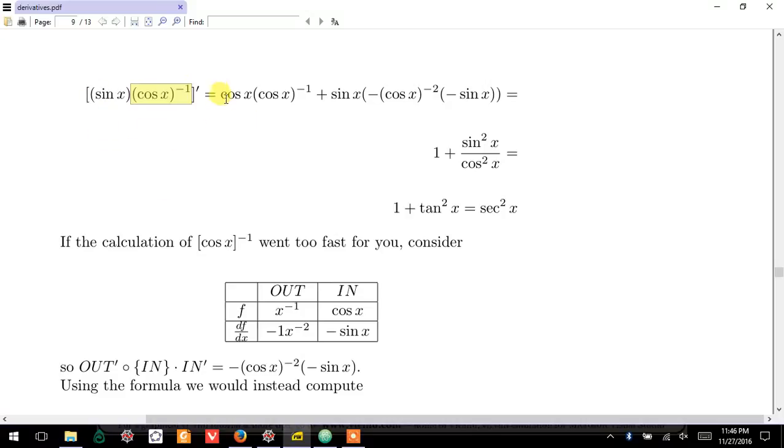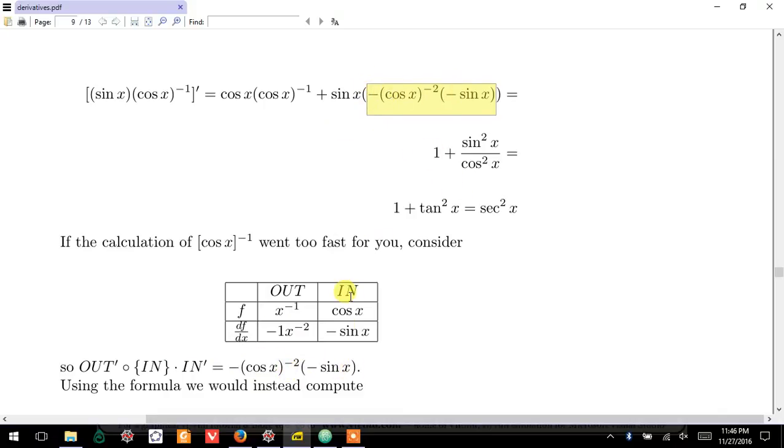I go ahead with product rule and say derivative of sine is cosine, leave the right thing alone, leave the left thing alone, take the derivative of cosine to the -1, which, if you want a fully spelled out use of that tabular method that I showed you before, it's down here. But at the end of the day, the derivative is this thing down here.